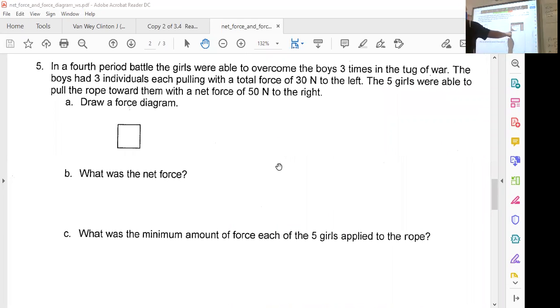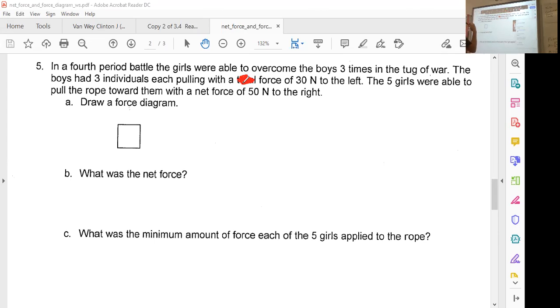In a fourth period battle, the girls were able to overcome the boys 3 times in a tug of war. The boys had 3 individuals, each pulling with a total force of 30 newtons to the left. Okay, this wording is confusing. I'm going to throw away this word total because that just confuses us.